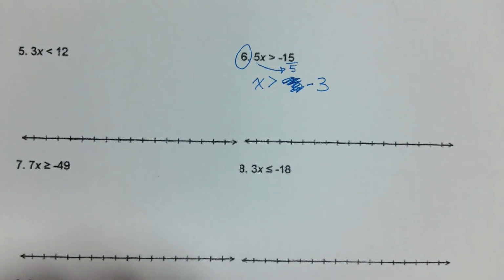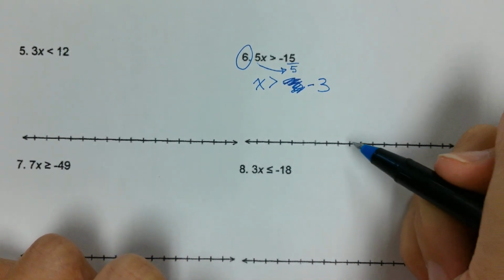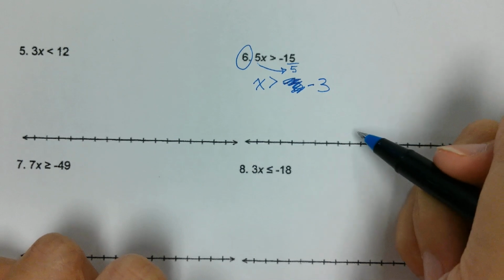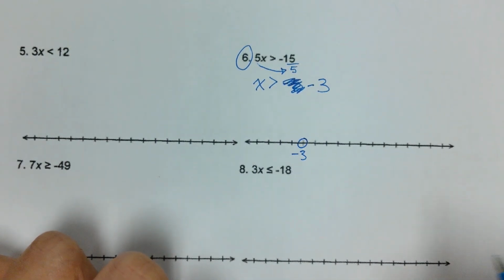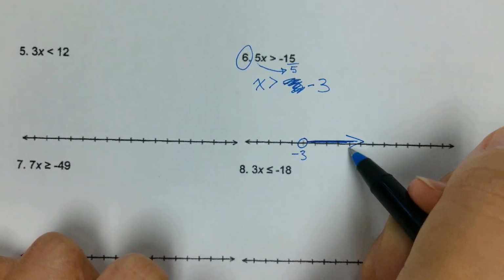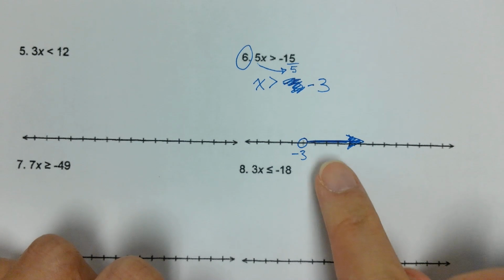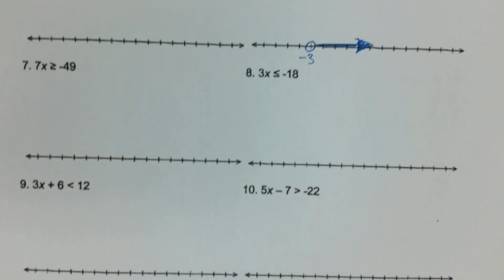Yeah, -3. How would I draw that number line? Yeah, so that open circle at -3 and point to the right. Good. Okay, I don't need you guys to fill out all the numbers on the number line. That's just wasting time. That's just good.